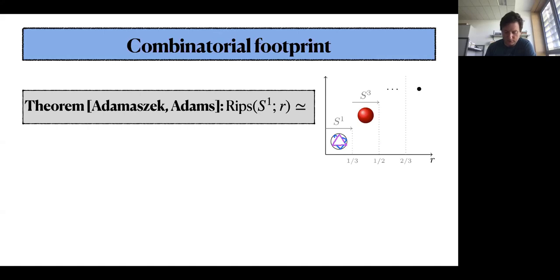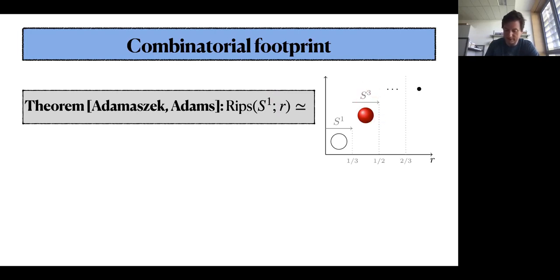Now, this is how you can try to imagine it. There's no proof of this result this way. The proofs are mostly combinatorial and more involved. But the point is that combinatorics here gives you something non-trivial. I like to call this a Hopf effect in persistent homology: one-dimensional geometry induces higher dimensional homological features.